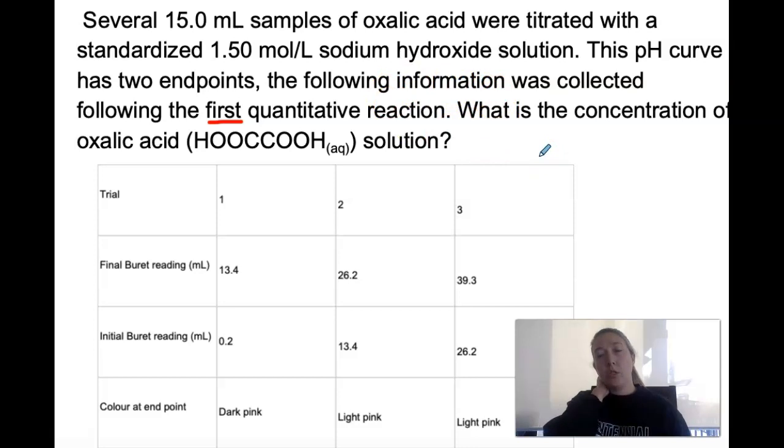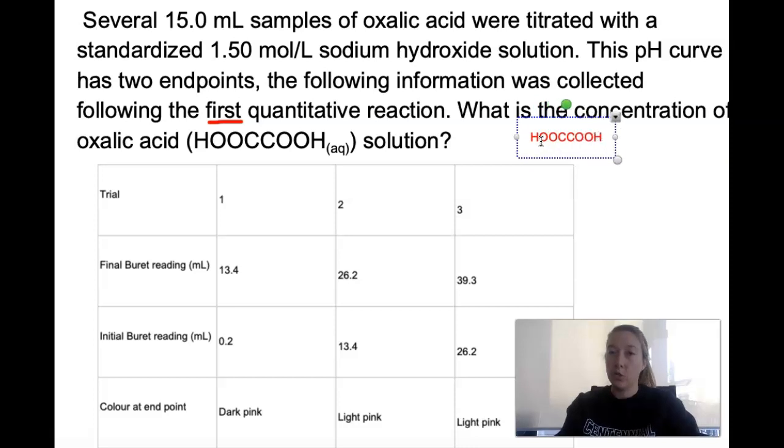Generally what I suggest you guys do with questions like this is kind of write out your polyprotic. So start with that one, right? So I would be like, okay, out of the 2, sodium hydroxide is monoprotic, but the oxalic acid is polyprotic. So we have our HOOCCOOH, right? So that's my starting point. If we go to the first equivalence point, we get to take 1 H off, right?